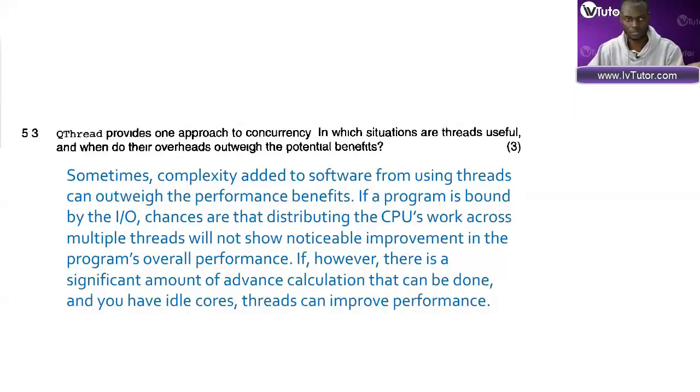It's all part of the textbook, like QThread provides one approach to concurrency. In which situations are threads useful, and when do their overheads outweigh their potential benefits? So this is simply saying, if you look at the example that I gave you initially, your threads will reduce the time it takes to execute something because you are running multiple processes at the same time.